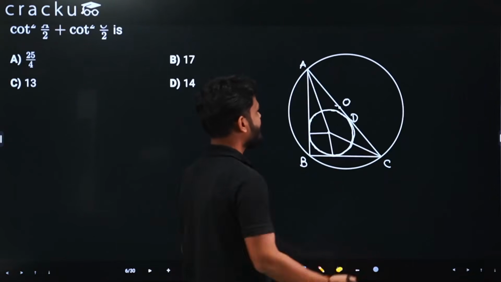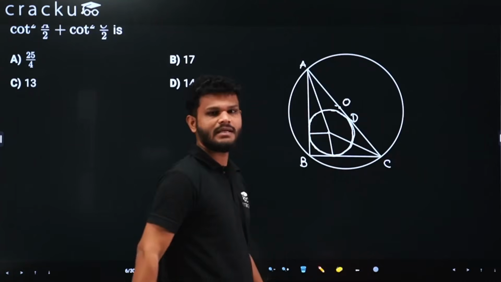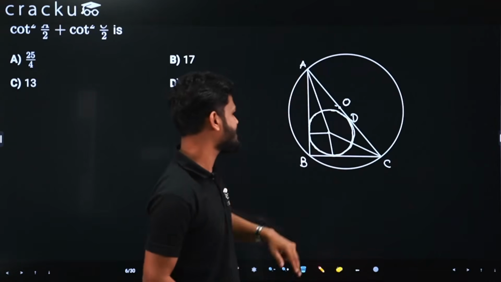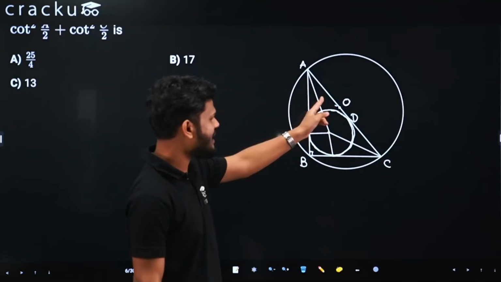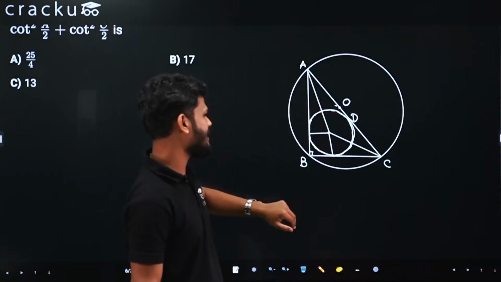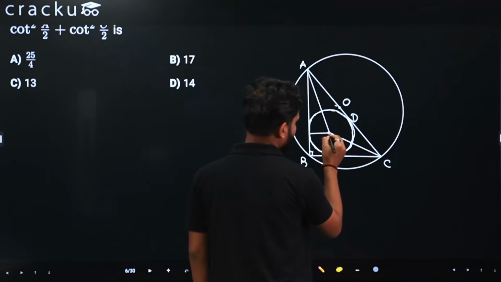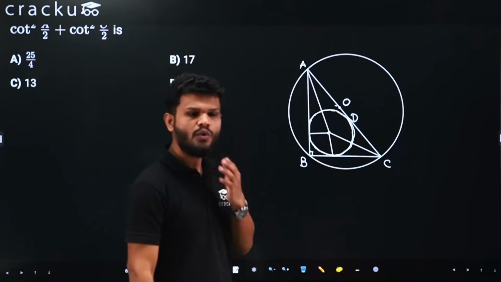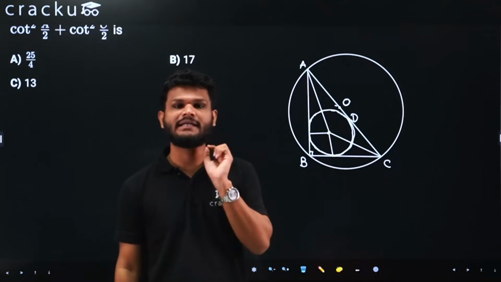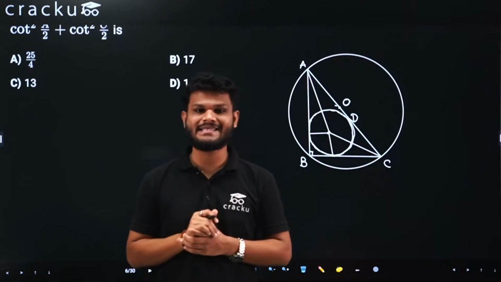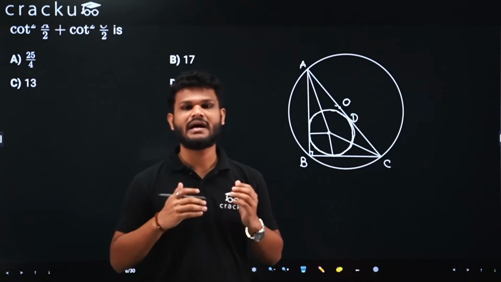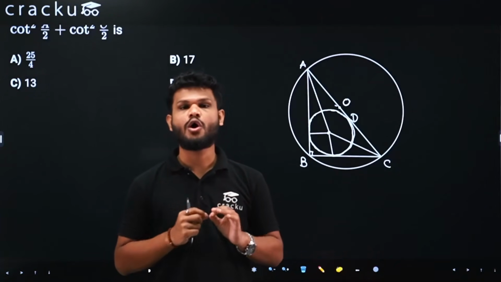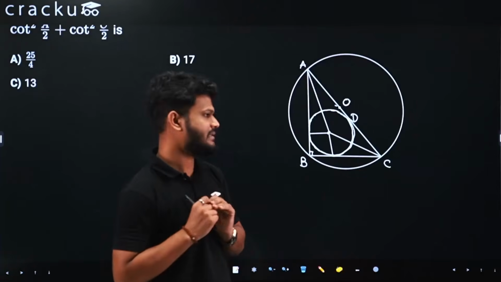So what is there? We have a circumcircle. Inside that we have triangle ABC where angle B is 90 degree. And then we have an incircle which is inside the triangle whose center is here. Now what actually is the center of the incircle? It is called the incenter. And what is incenter? Incenter is nothing but the intersection point of all three angle bisectors, right?